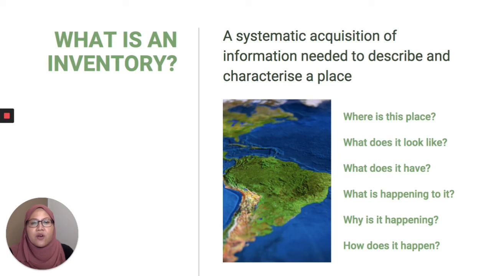Some common questions that we can begin with to describe an inventory are: where is the place? What does it look like? What does it have? What is happening to it? Why is it happening? And how does it happen? For instance, if we were to describe our place in Gombak, what does Gombak look like?